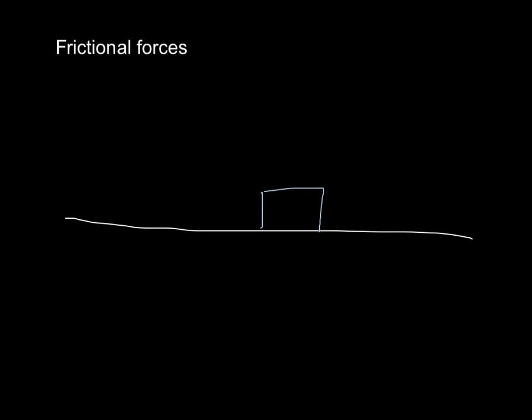Now you're going to be seeing a lot of friction forces, and remember that friction forces are just the forces between two surfaces when one is trying to move on the other. Now what happens is that if I start pushing this block here, at the beginning this block is not going to move. And the reason why this is happening is that this, if I zoom in, is rough.